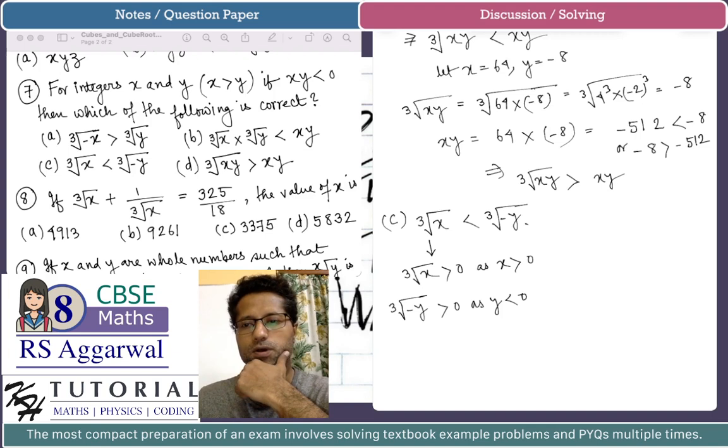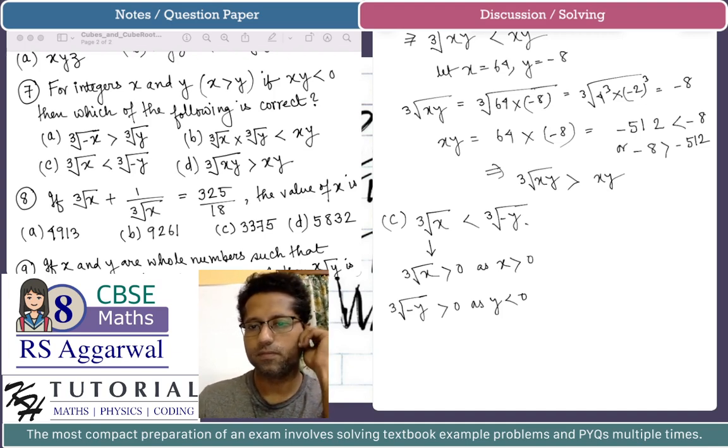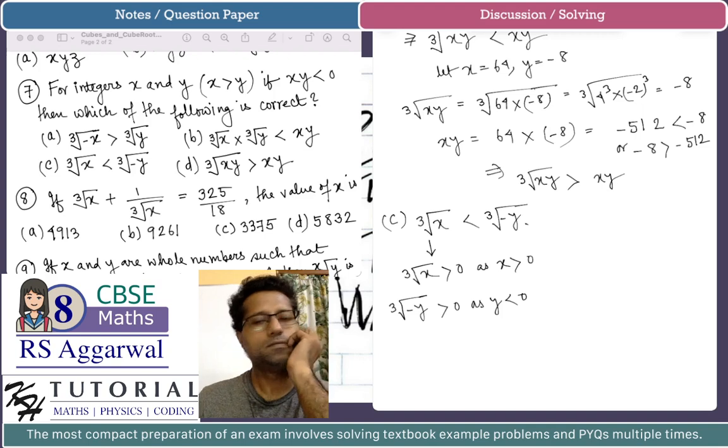But how do we know? Can we ensure that cube root of x will be less than cube root of minus y? Will it be always true? If we consider the same example, x equals 64 and y equals minus 8, will this relation hold?